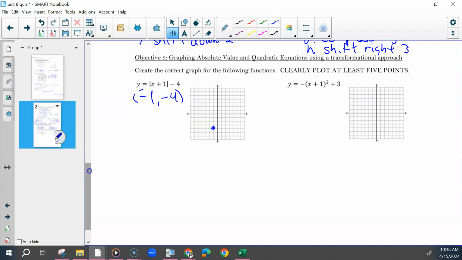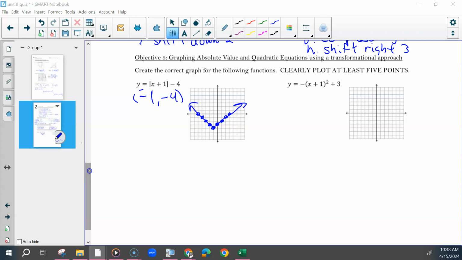And then based on my transformations, I only have 2. It moved to the left 1 and down 4. This is absolute value, so it should just go up 1, right 1, and you can fill up your graph, but you just need 5 points on both sides. Make sure this is even. Don't have your V's and U's looking lopsided.